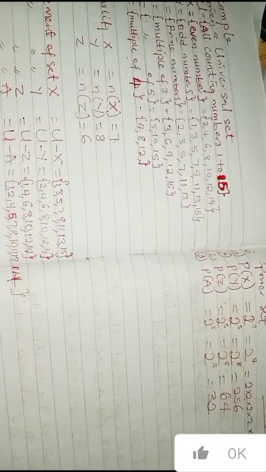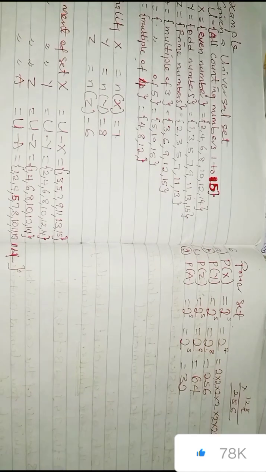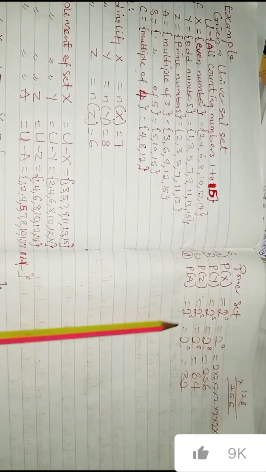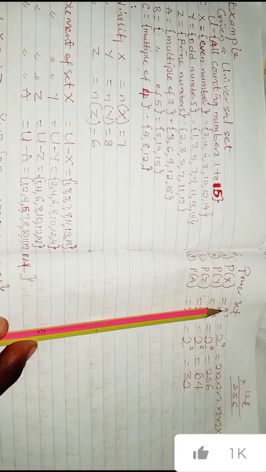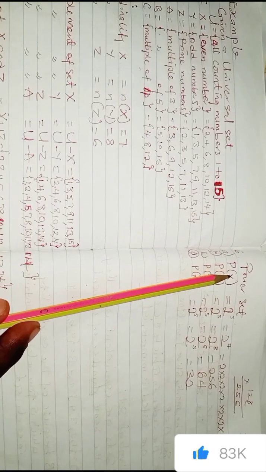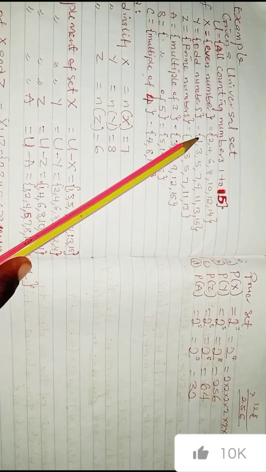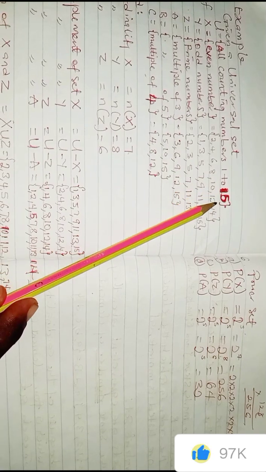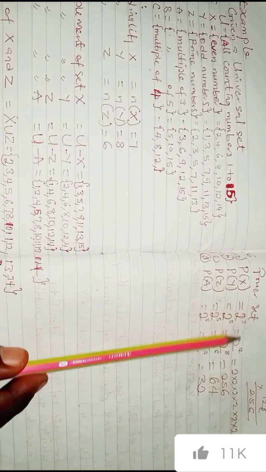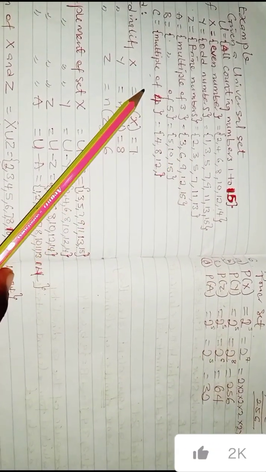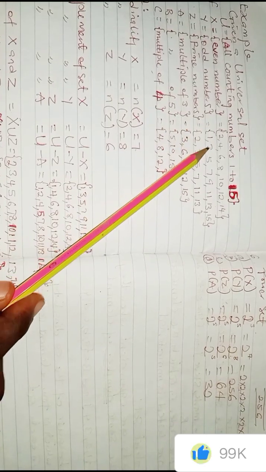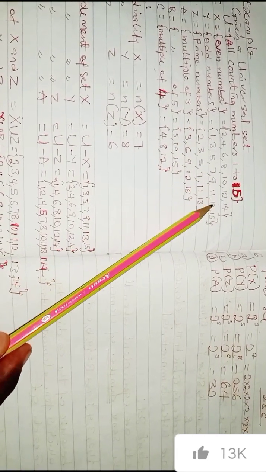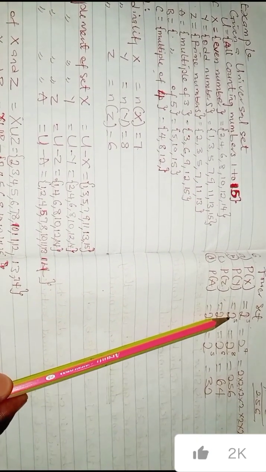So this will lead us to power set. Take note, we said power set is given by 2 raised to the power of the cardinality of S. So let's count. What is the cardinality of S? 1, 2, 3, 4, 5, 6, 7. That means it will be 2 raised to power 7. Cardinality of Y is 1, 2, 3, 4, 5, 6, 7, 8, raised to power 8.